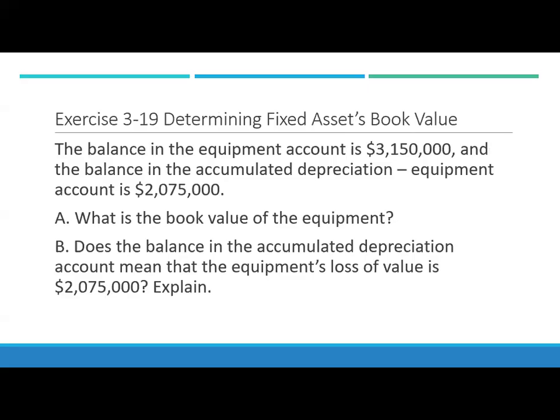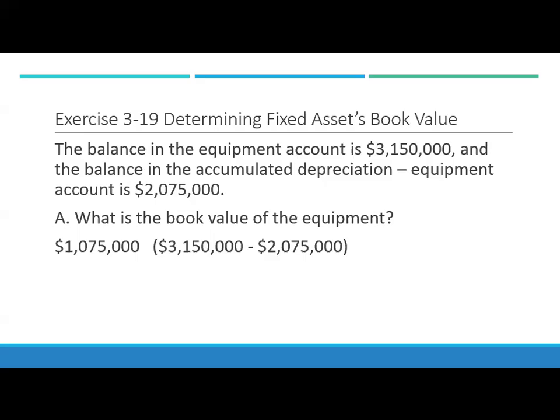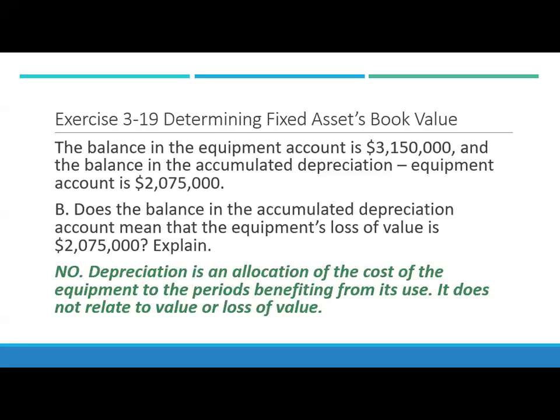In this example, they have an equipment balance of 3,150,000 and a balance of accumulated depreciation of 2,075,000. The book value of the equipment is then 1,075,000 because that's the balance minus the accumulated depreciation. That doesn't necessarily mean that the equipment has decreased in value by 2,075,000. It doesn't mean that if they sold the equipment today, they would get $1,075,000 for it.